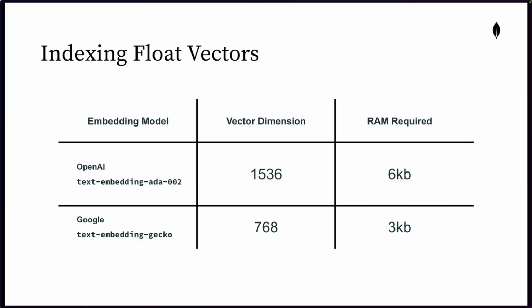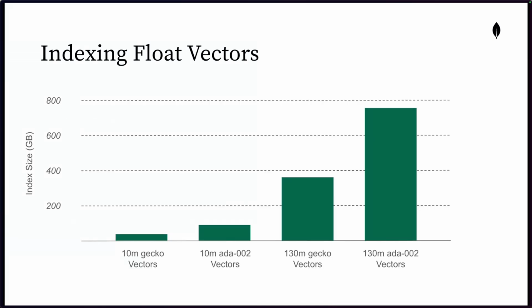And so if we look at the memory requirements for indexing these embeddings. If you're using an embedding model that is 1,536 dimensions, that one embedding is going to take up 6 kilobytes of RAM. If you're using 768, that's going to be 3 kilobytes of RAM. Scale that up. What does that look like? If you're storing 10 million gecko vectors, that is going to be about 30 gigabytes of RAM.